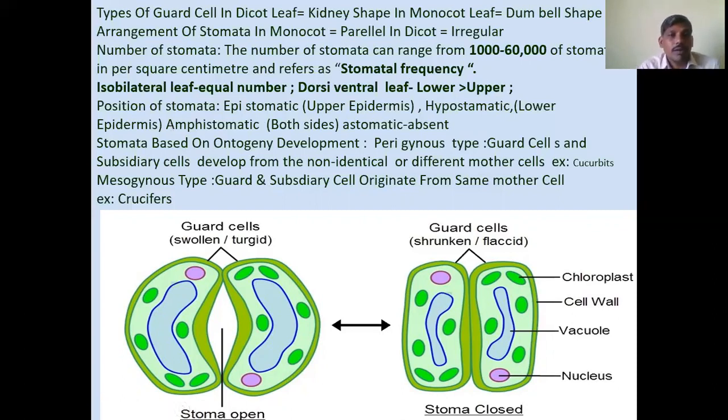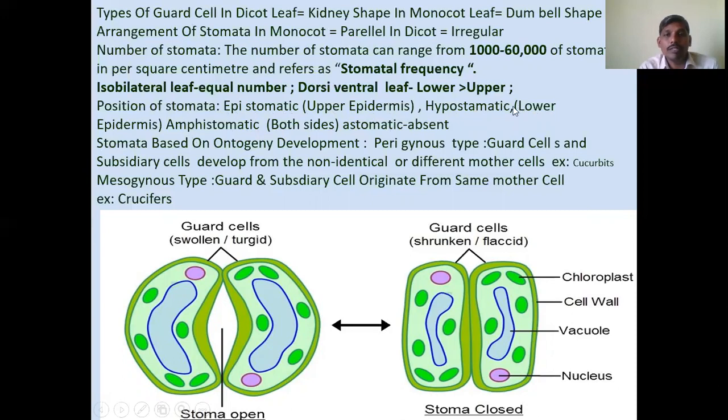For example, the position of the stomata. If the stomata are found in the upper epidermis only, that is known as epistomatic. If the stomata are found in both epidermis, that is lower epidermis as well as upper epidermis, that is known as amphistomatic.